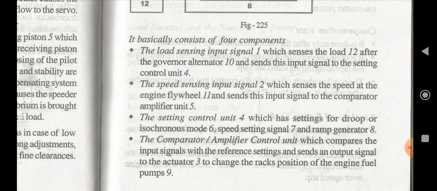Comparator or amplifier control unit compares the input signal with a reference setting and sends an output signal to the actuator to change the rack position of the engine fuel pump.